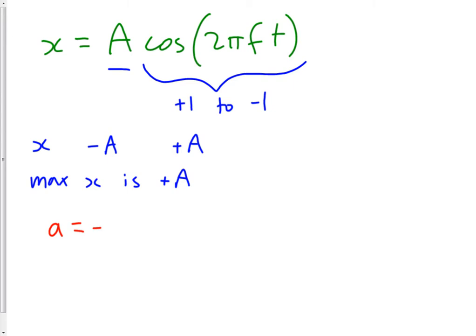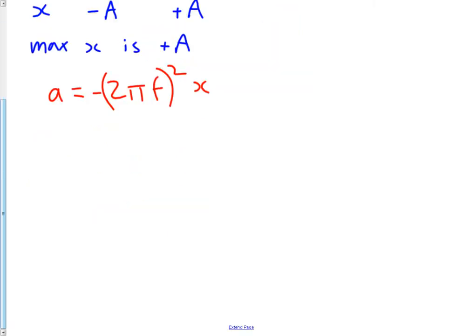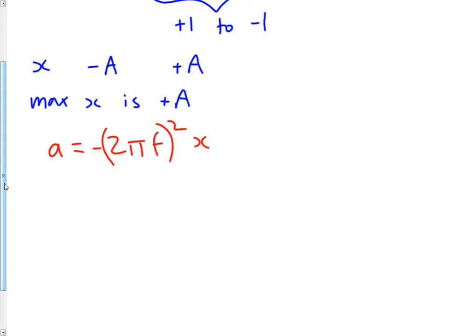Now let's take another expression which was on the other side: a equals minus 2 pi f squared x. If we already know that x, our displacement, varies between -a and +a, and the maximum is +a, then we could just substitute that in here if we want to find the maximum for a, because all this stuff here is just a constant.